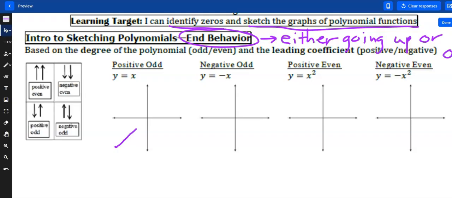Y equals x. It's a line with a slope of 1 going through the origin. This is obviously up on the right, and I'm going to be using REB for right end behavior, LEB for left end behavior.